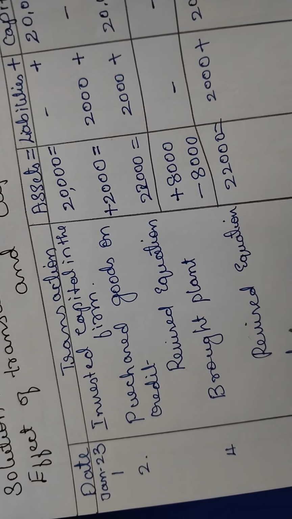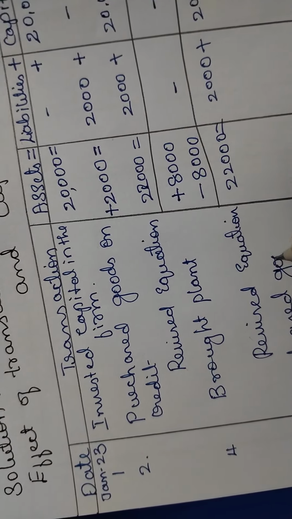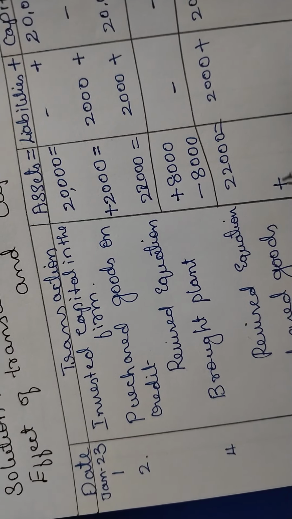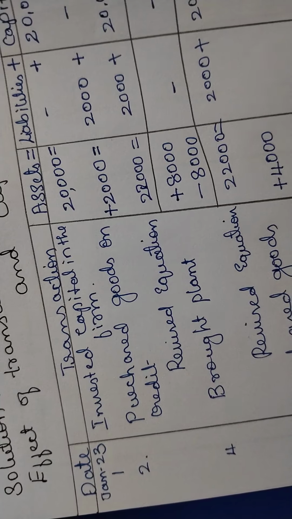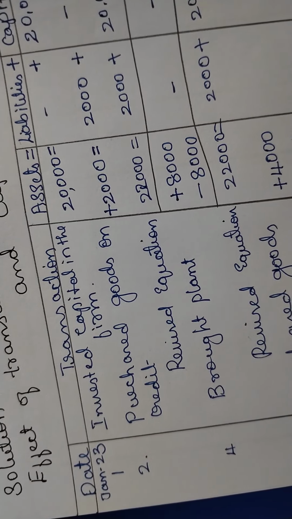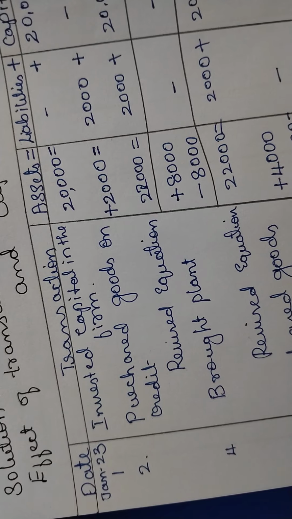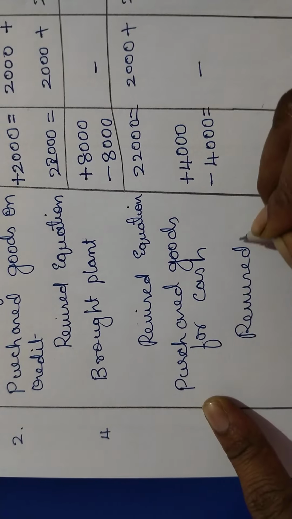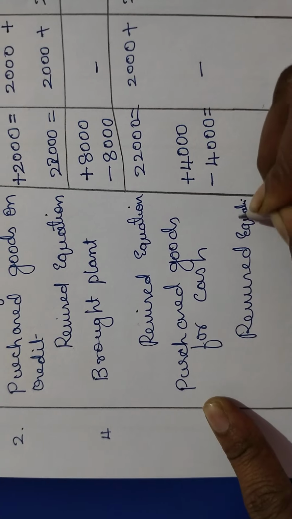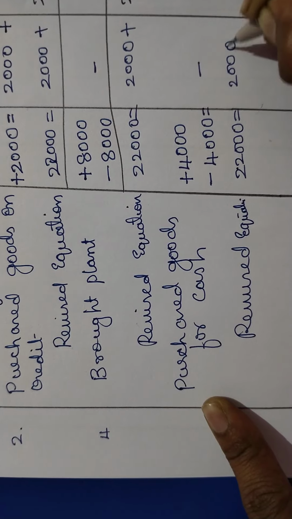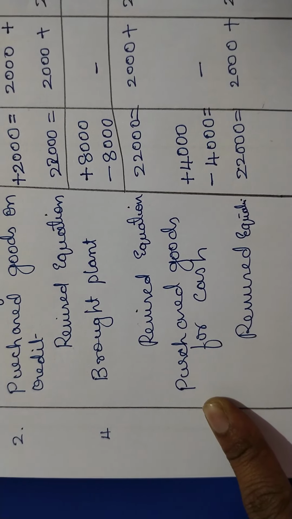Purchased goods for cash: plus 4,000, minus 4,000. And there is no effect on your liability and capital. So the revised equation is 22 equals to 2 plus 20.